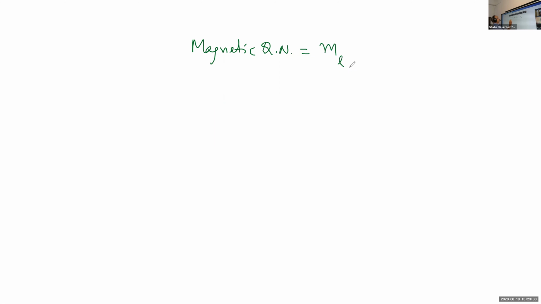The total number of m values will be 2l plus 1 values. From this, you will get the number of orbitals and the orientation, the direction of the orbitals also.